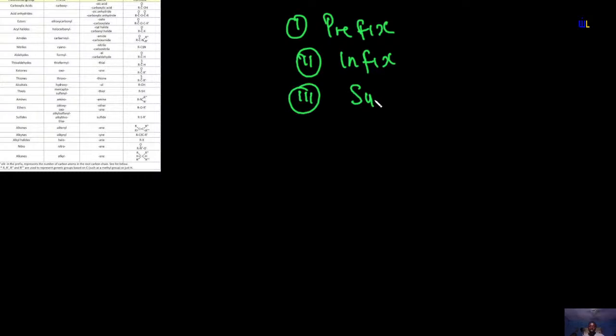We're going to consider 3 major parts of an organic name. According to my own study, these are the prefix, the infix, and then finally the suffix. So we're going to be taking these things and understanding them differently.